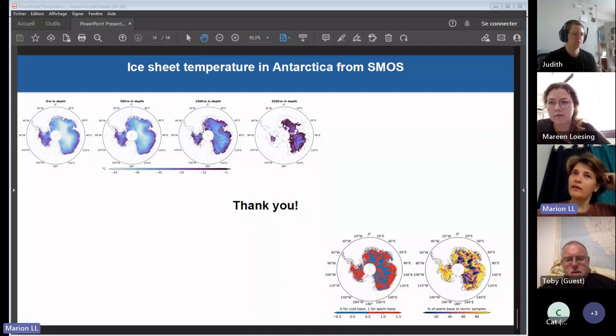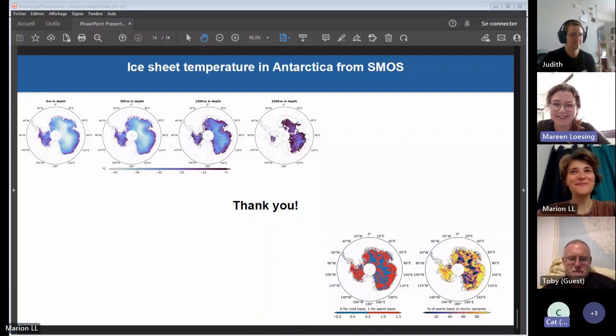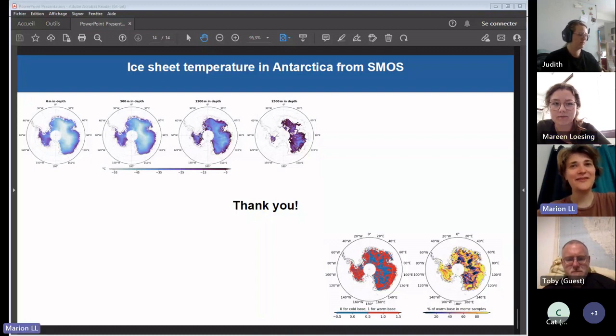I applied it only on the in-situ measurement sites, not yet over the whole Antarctic, because it takes more time. So I have to make other changes before rerunning. Yeah, that would be interesting to see how that changes. I think for us it could be good.